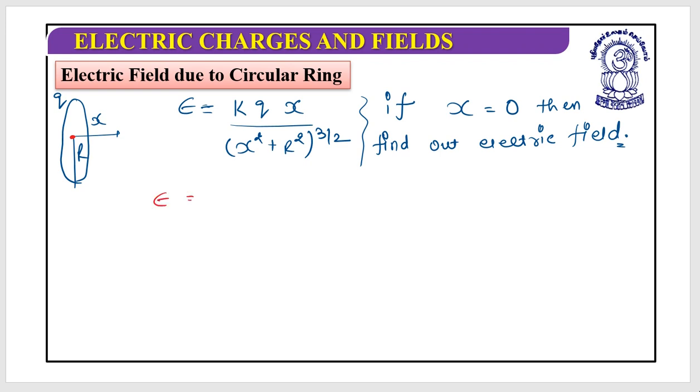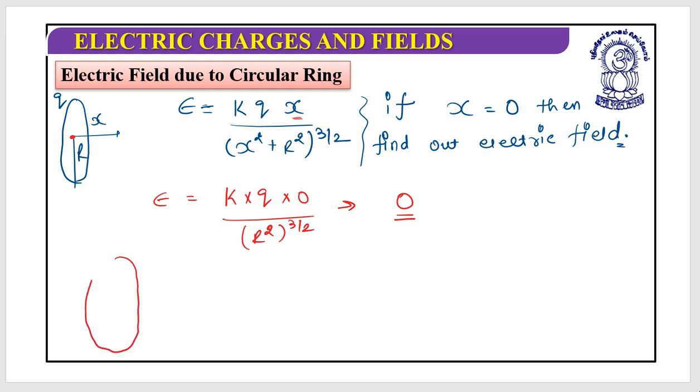If E is equal to k multiplied by q multiplied by 0 divided by r square to the power 3 by 2, but this makes no sense, as the electric field is 0 at this point. So at the center, this is the center, this is the charge q that has been given. At this point, the electric field at P would be 0.